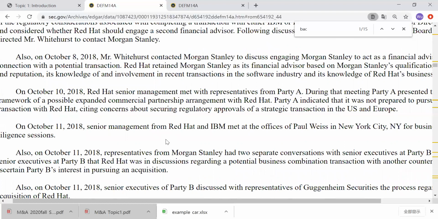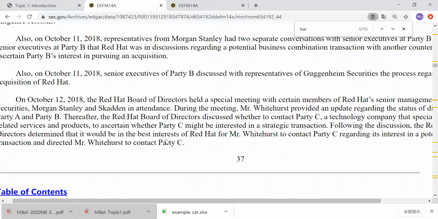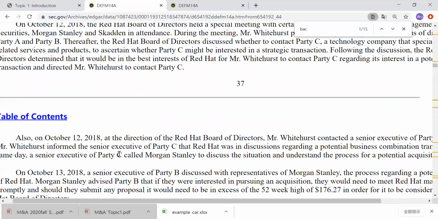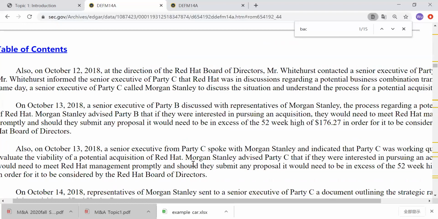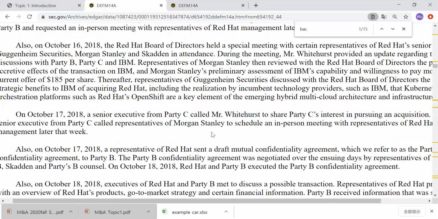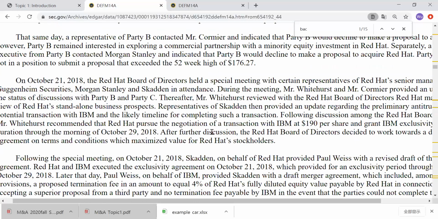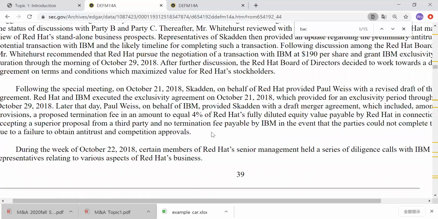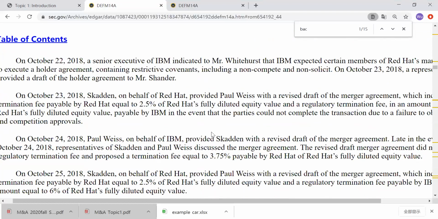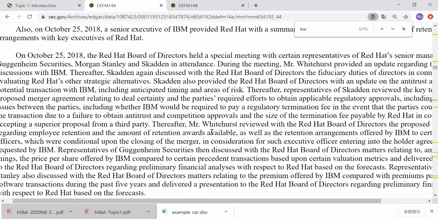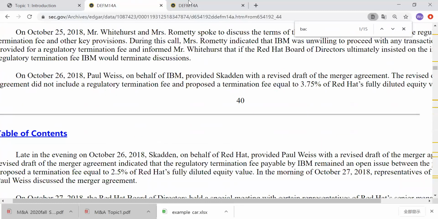In particular, they participate in a bidding process. And another company, Party C, also participates in this process. So now you can see this is a typical auction deal, because more than one bidder is involved in the bidding process.